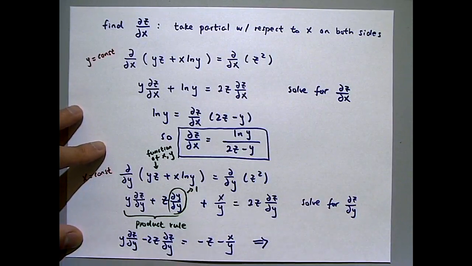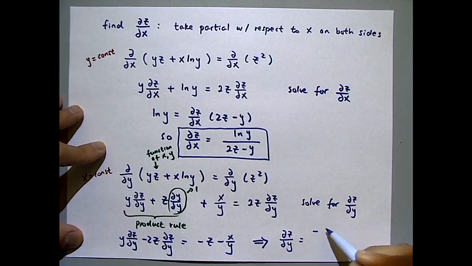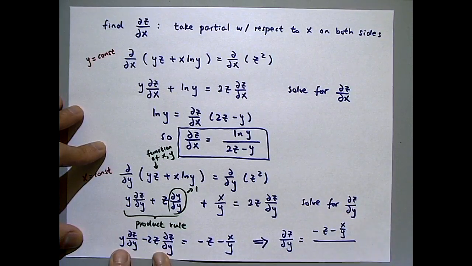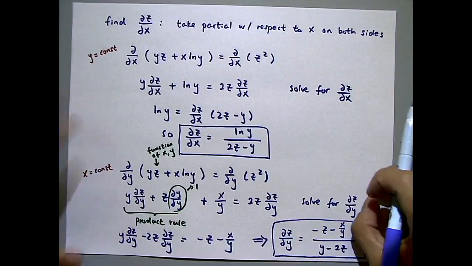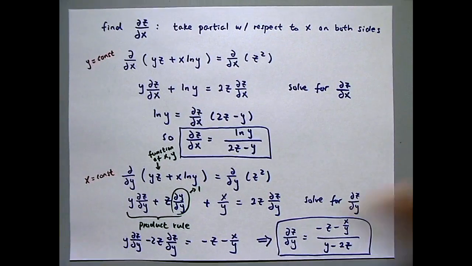Factor this out and divide it by the excess baggage. And we get negative z minus x over y over y minus 2z. And of course, you could simplify a little bit more, but that's good enough.